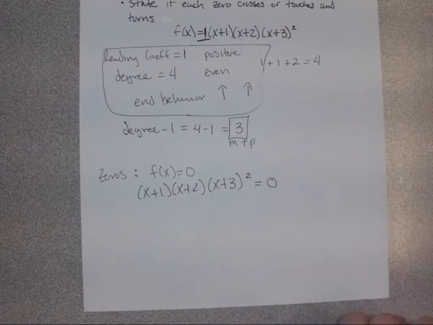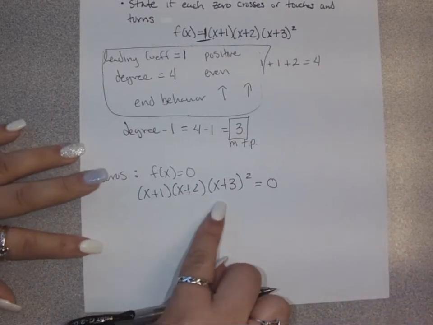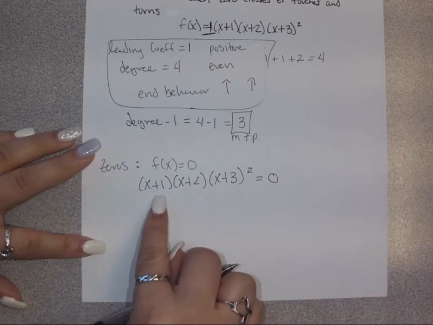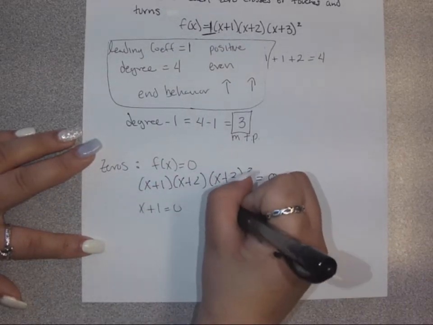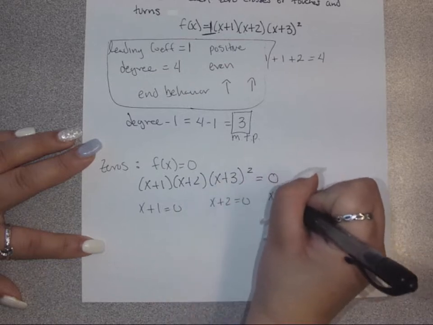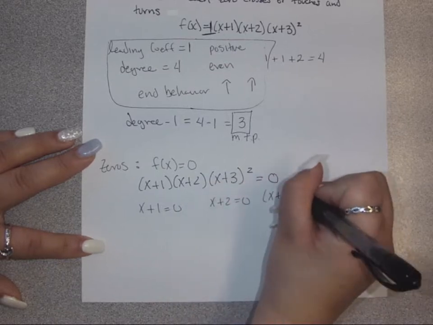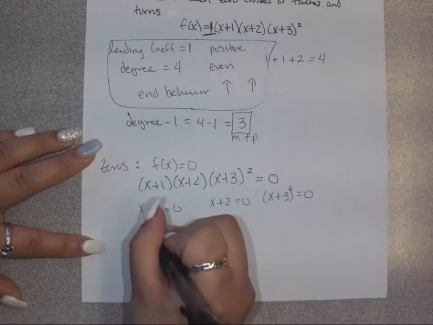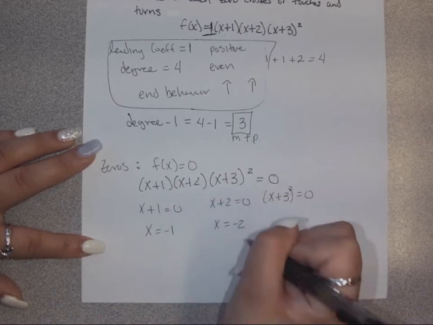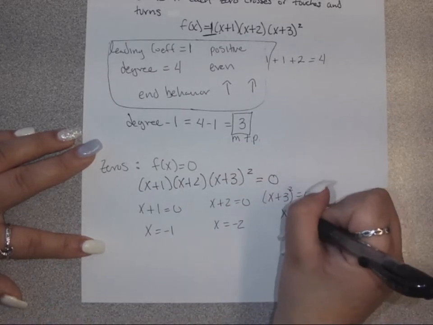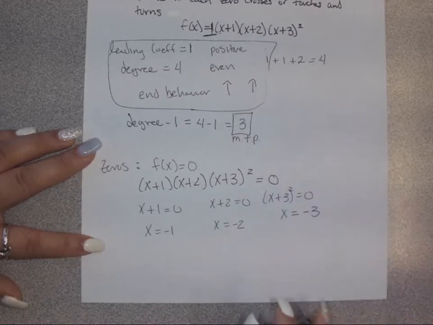Luckily, this polynomial is already factored for us, so we don't have to factor it. The way we solve it is we simply take each of our factors and set it equal to 0. So we end up with x equals negative 1, x equals negative 2, and x equals negative 3.